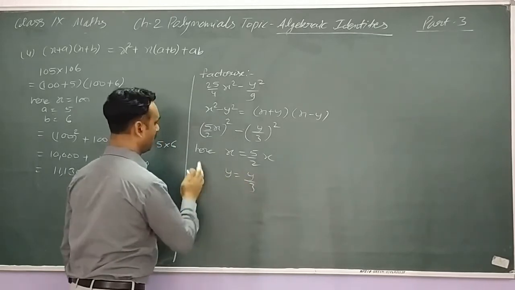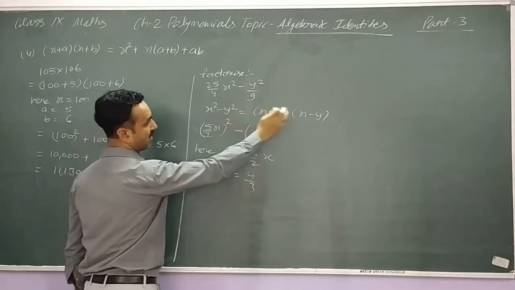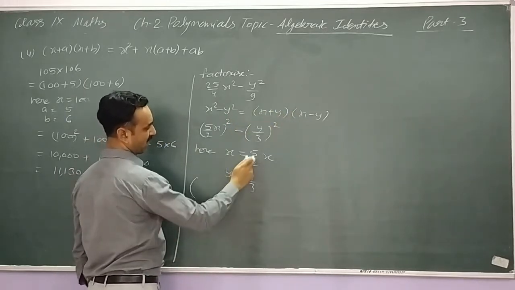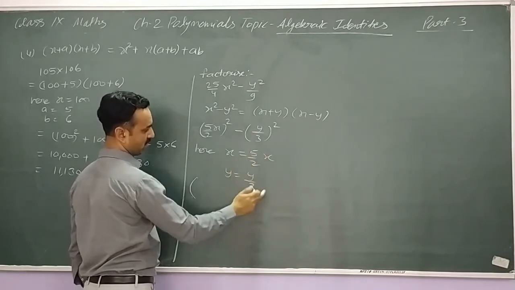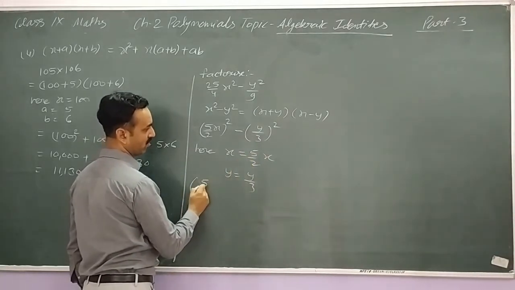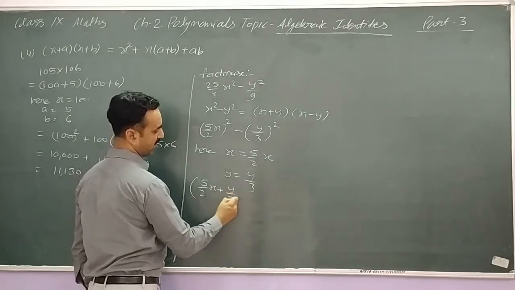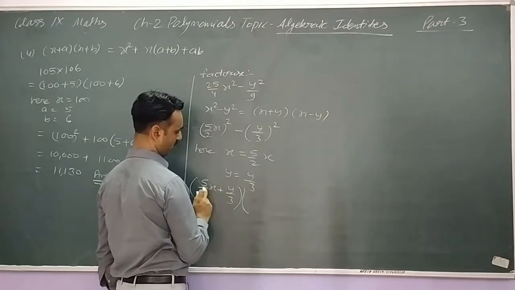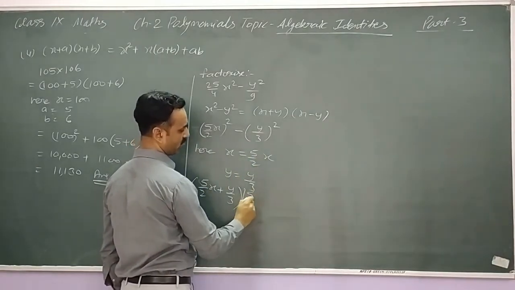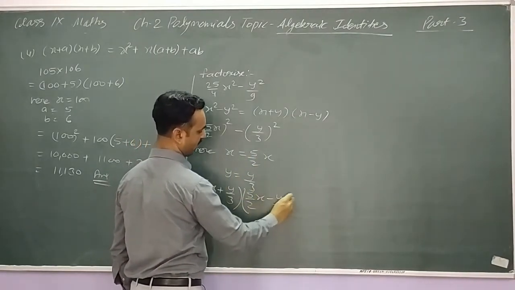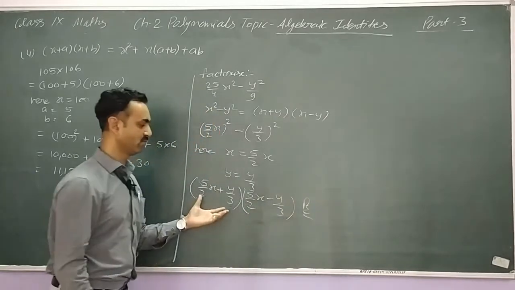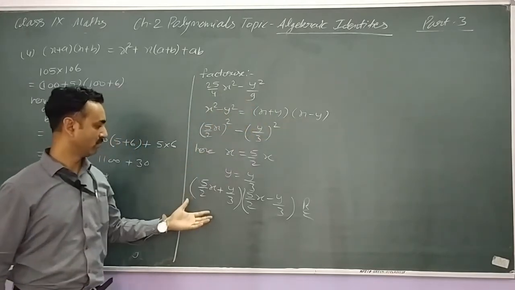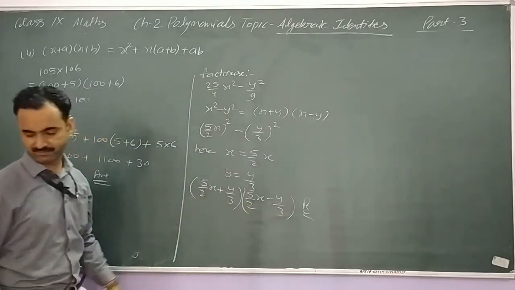So we will write in this form: x plus y means this plus this, (5/2 x + y/3), and x minus y means (5/2 x − y/3). So you can see this is the factor form. By using the identity we can find the factor form.